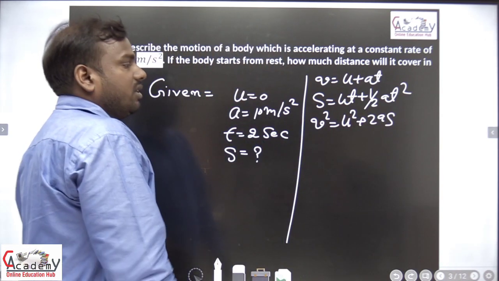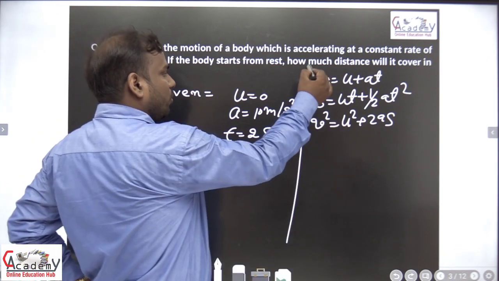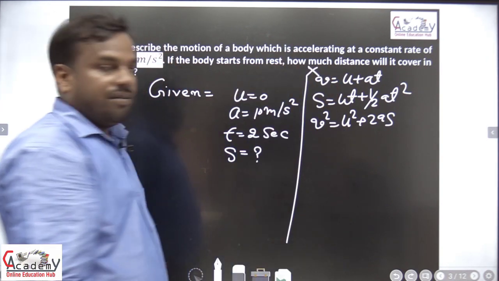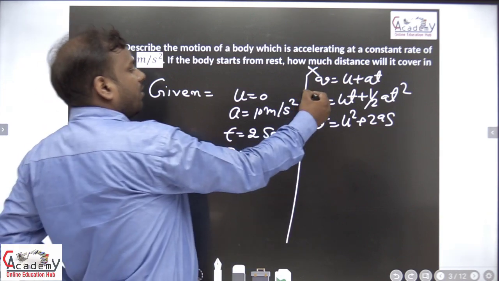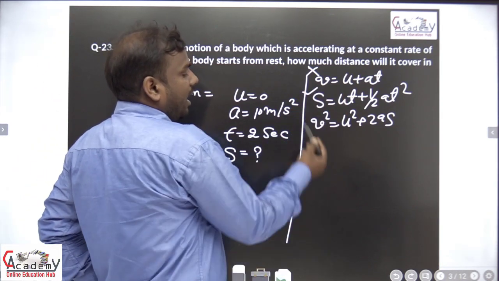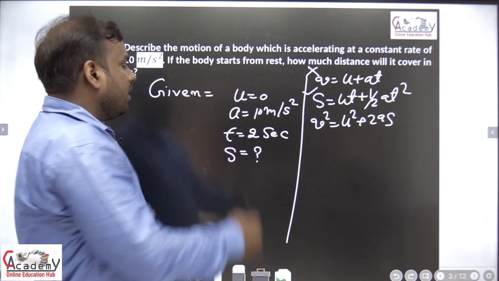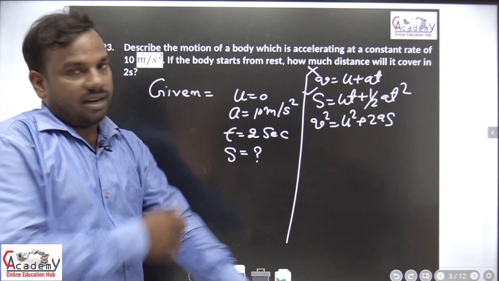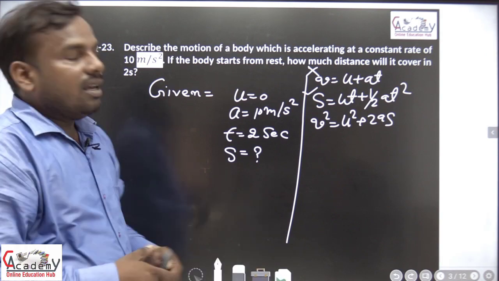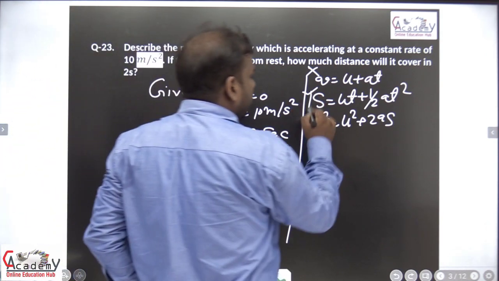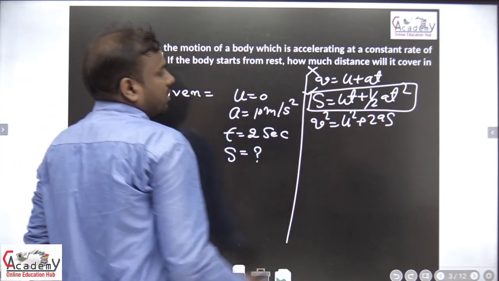In the first equation there is no distance, so we can use the second and third equations. But in the given data no final velocity is given, so we have to use the second equation of motion.